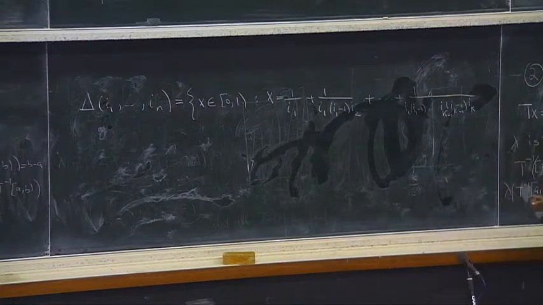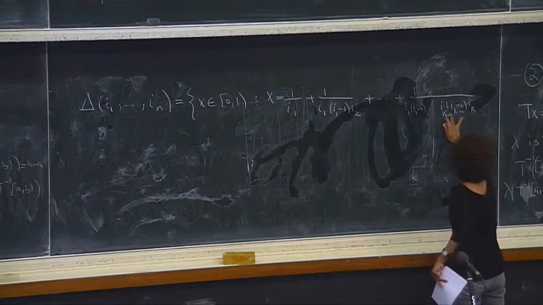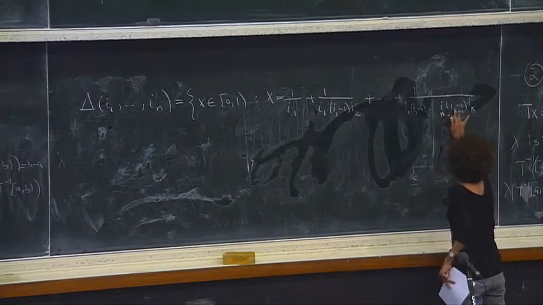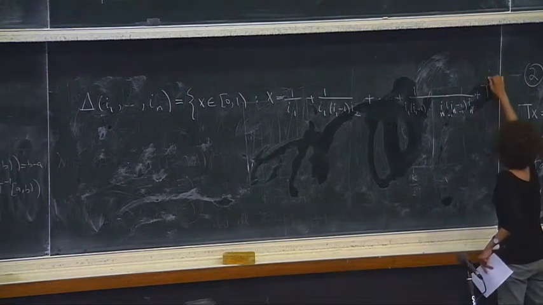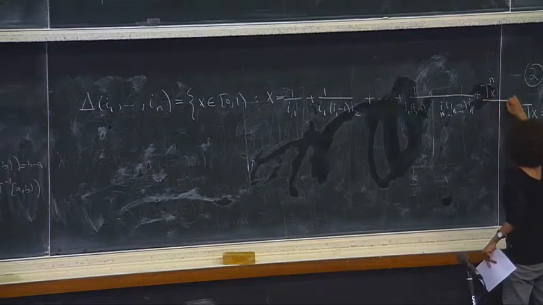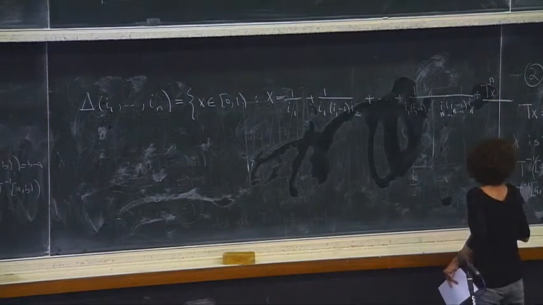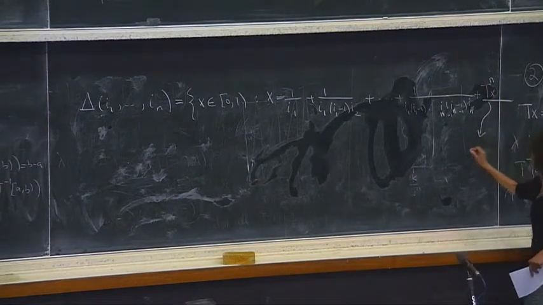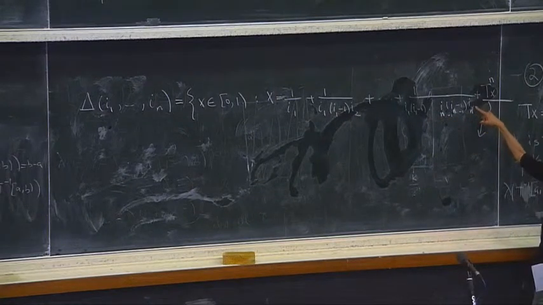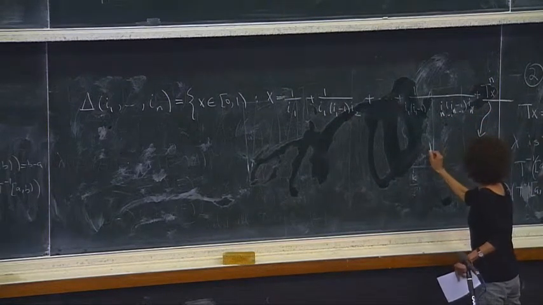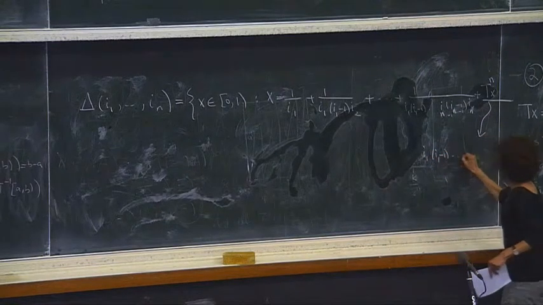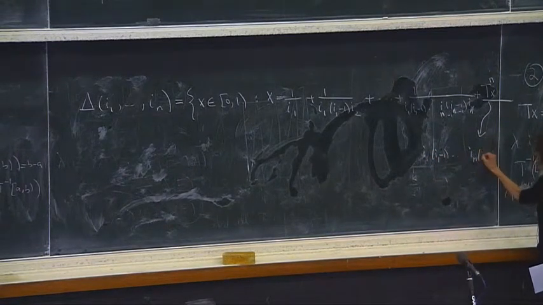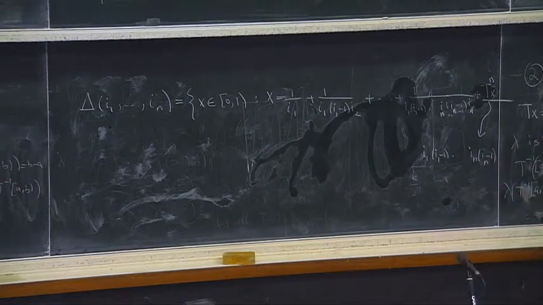That's the first n terms. And this is the leftover. And the denominator here is the same thing with In minus 1 at the end. So the denominator is I1 minus 1, and so on, until In minus 1.